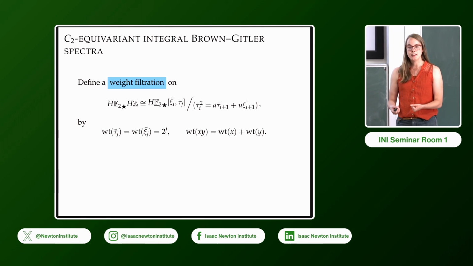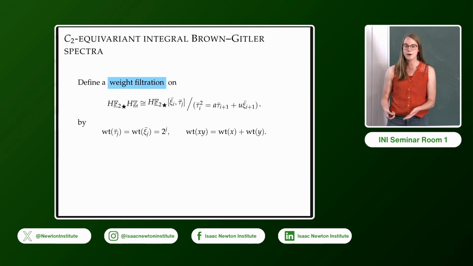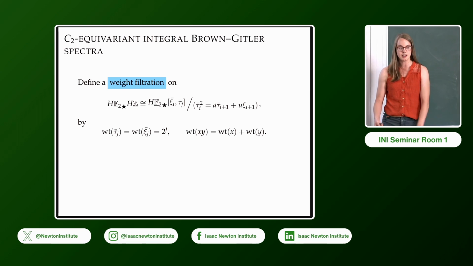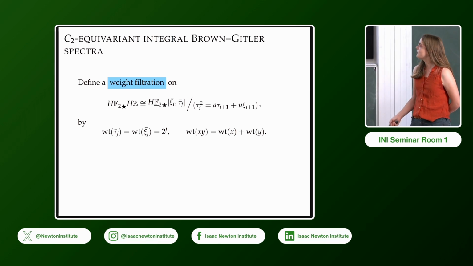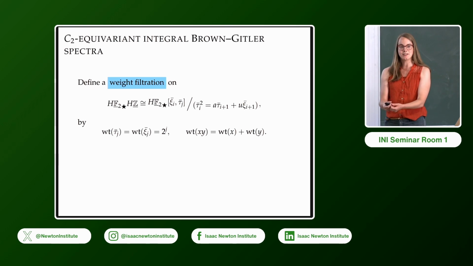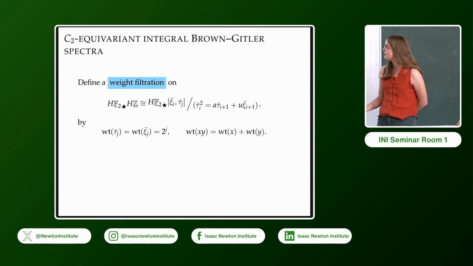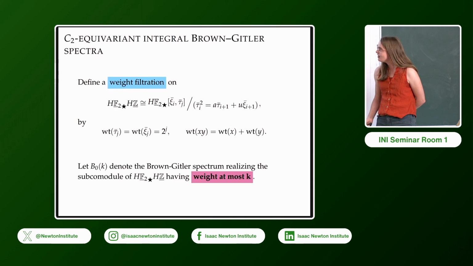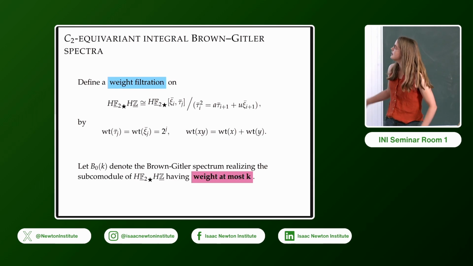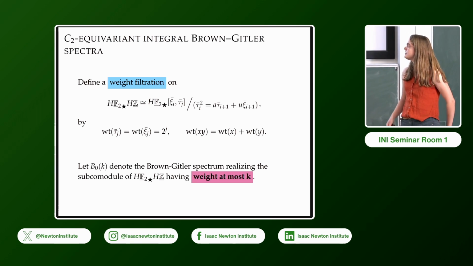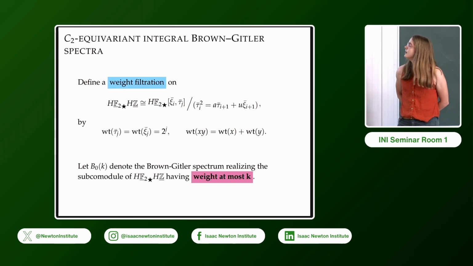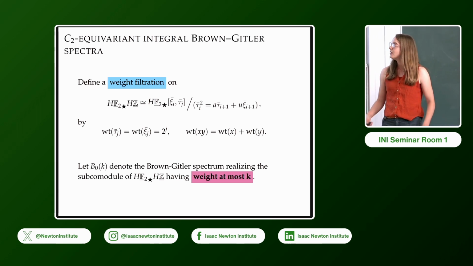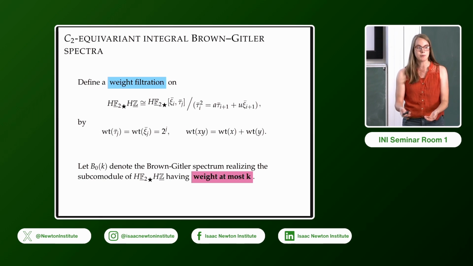But we're going to set the weight of ξ_i to be 2^i, the weight of τ_i also to be 2^i, and define our weight filtration by the weight of the multiplications, the sum of the weights. And then B_0(k) is going to denote the Brown-Gitler spectrum, realizing the subcomodule of the homology having weight at most k.